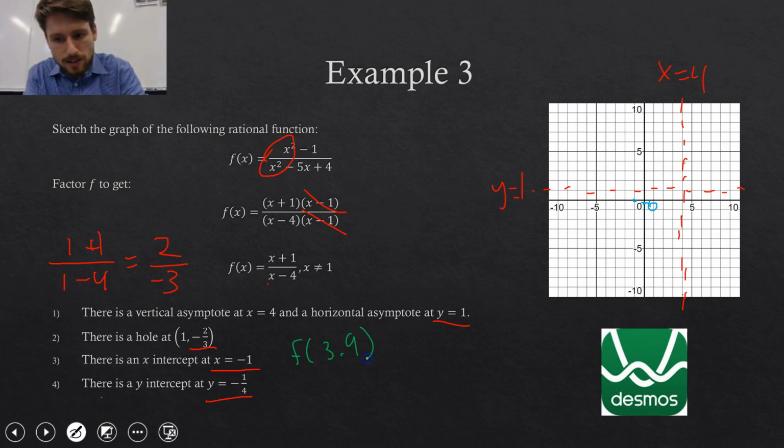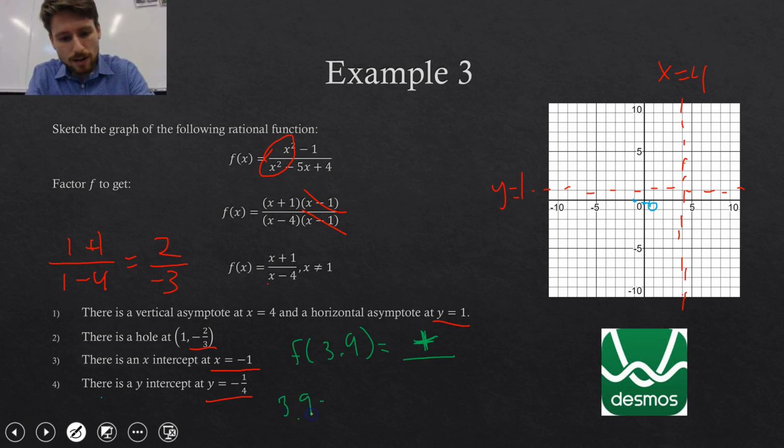Is this positive or is this negative? That's the question at hand. Well, the top is 3.9 plus 1, so that's a positive number. It's 4.9. The denominator is 3.9 minus 4.